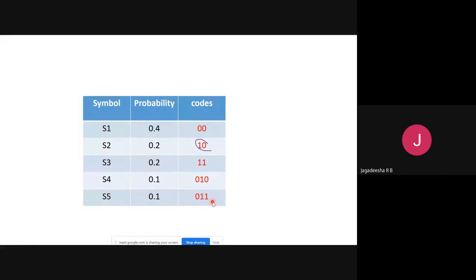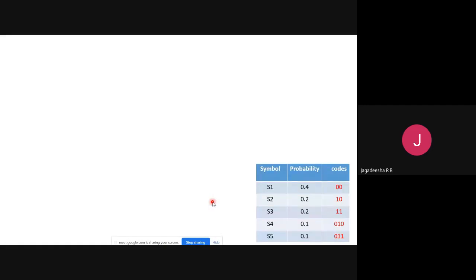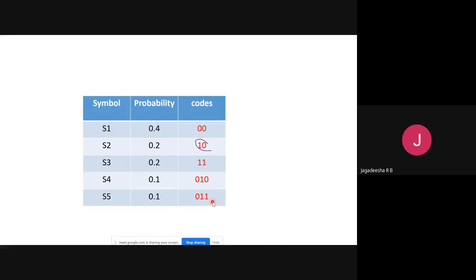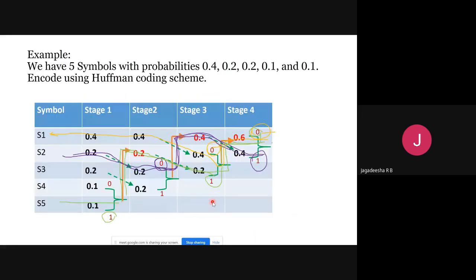I continue. Okay, now that is how we assign the code words. Maybe I want to add one more point here. If you have seen this arrangement, first we arrange everything in the decreasing order, and then we targeted the symbols that have the lowest probability first, right? And then again, lowest probability first, and it continues.